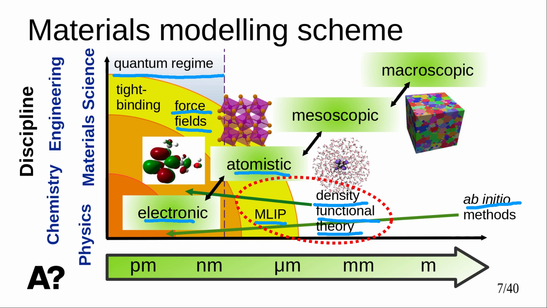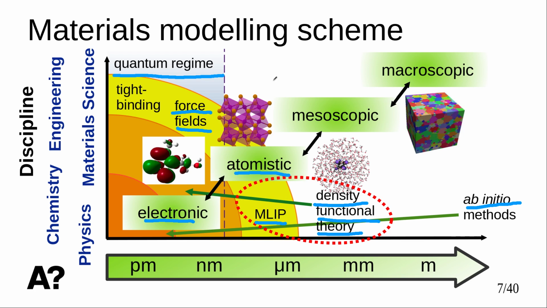And it's quite important to understand the link here. So with DFT we can model a couple of 100, I would say up to 1,000 atoms to obtain electronic properties, like the band gap, optical properties, bulk modulus, stuff like that. And then if we want to go to larger systems, we could use tight binding or force fields.